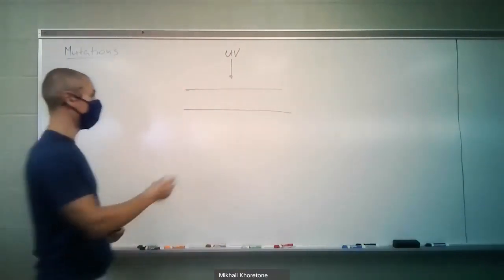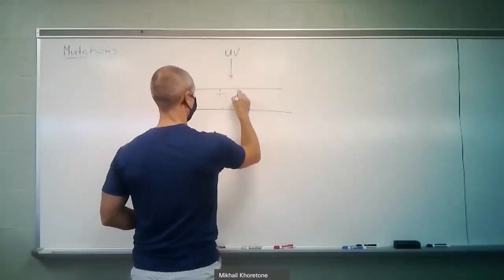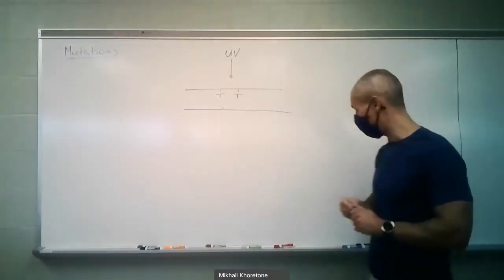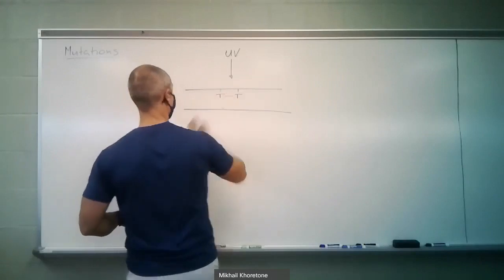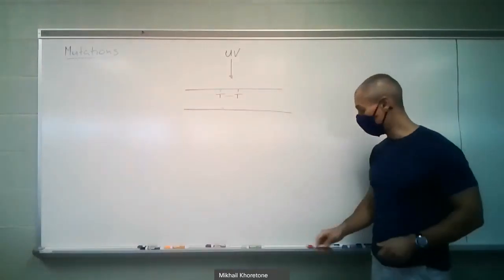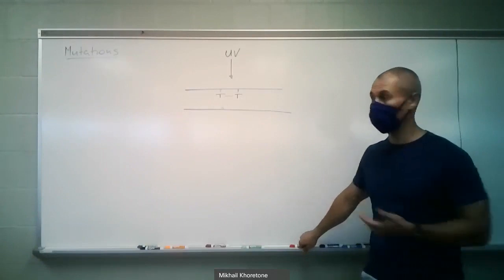Okay, and remember what happens when you have two thymine residues next to each other. I just pictured it. What happens is they become chemically bound, right? That makes sense?